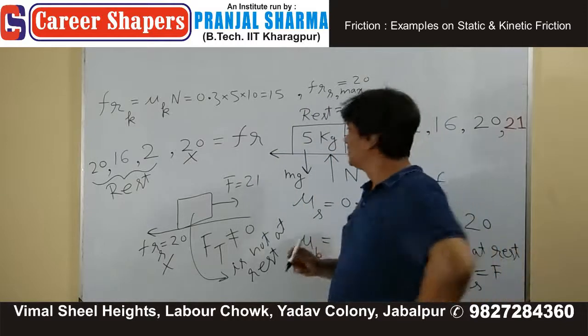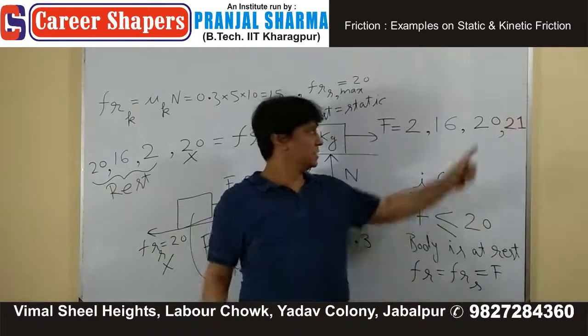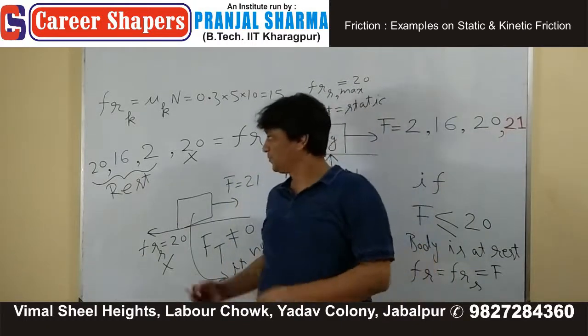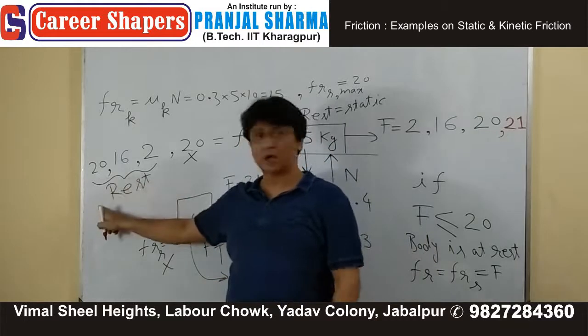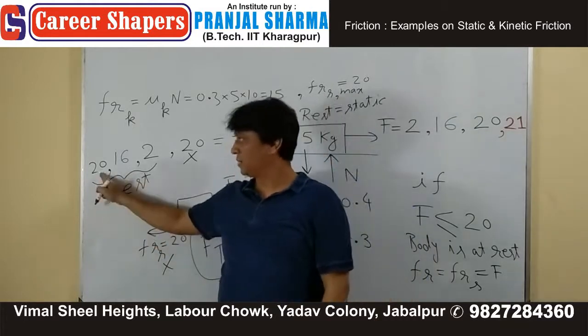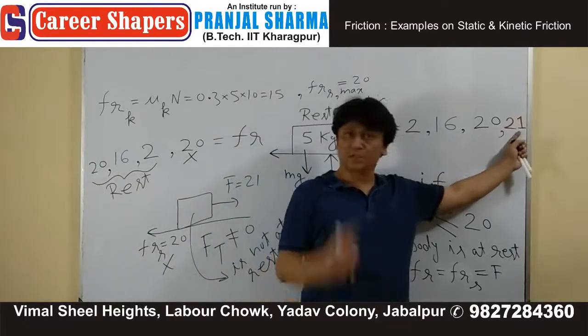The moment you apply a force of 21, मैं इस 21 के corresponding value इसके नीचे दिखा रहा हूं, आप जहां भी दिखाना चाहें. इस 20 के बाद 20 corresponds to this 20. 21 is the pulling force.